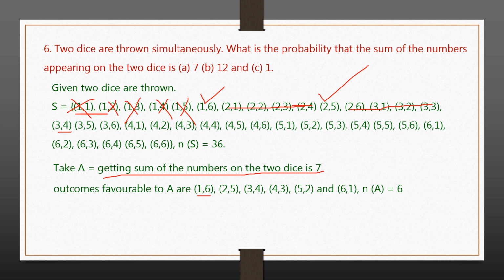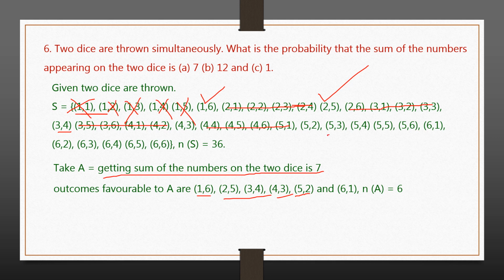3 4 is favorable because 3 plus 4 is 7. Now 3 5, 3 6, 4 1, 4 2 are not favorable to A because the sum is not 7. But 4 3 is favorable to A as the sum is 7. Now 4 4, 4 5, 4 6, 5 1 are not favorable as the sum is not 7. 5 2 is favorable to A because 5 plus 2 is 7.